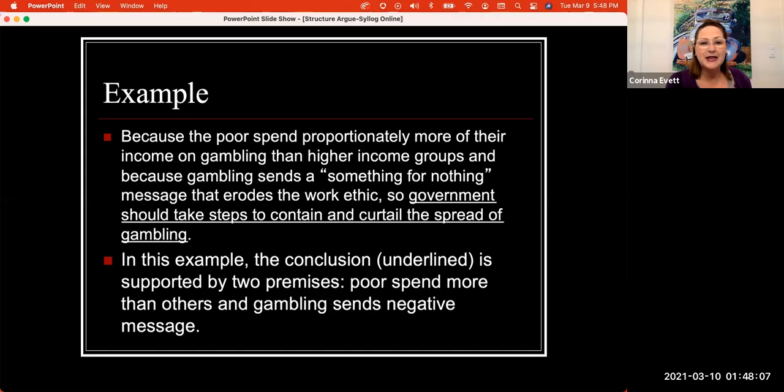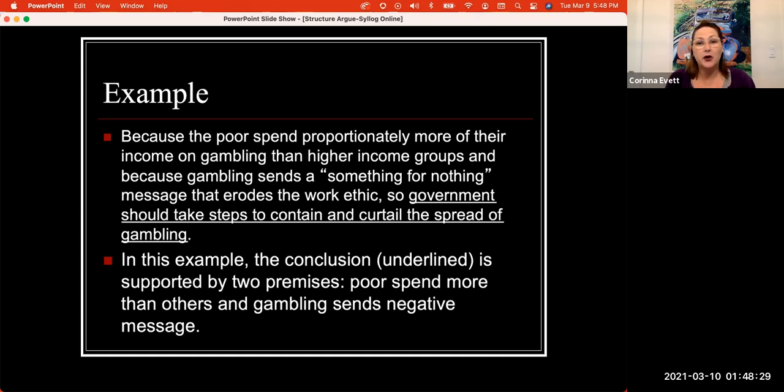But what you'll see is the conclusion, the major claim, the thesis statement is underlined, and it's supported by the two premises. So government should take steps to contain and curtail the spread of gambling. That's the major claim, that's the conclusion, that's the thesis statement.